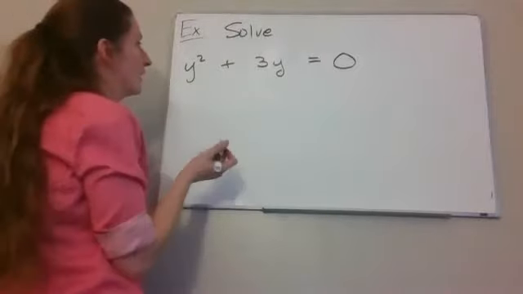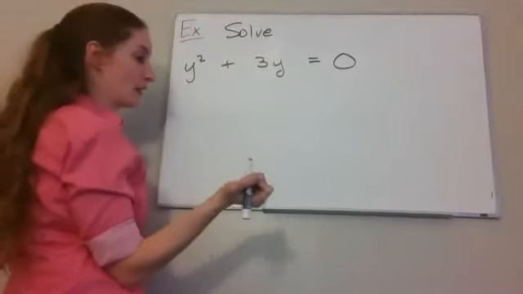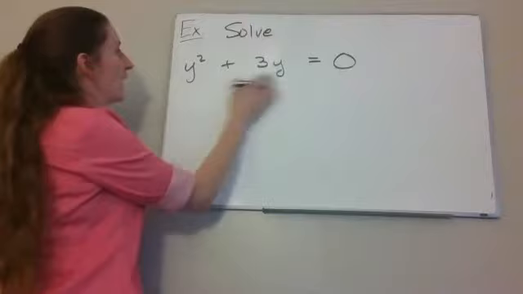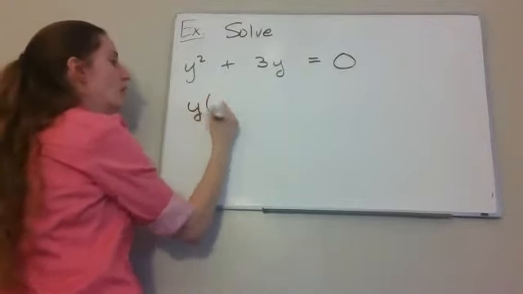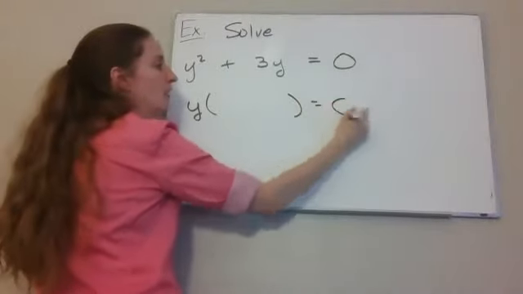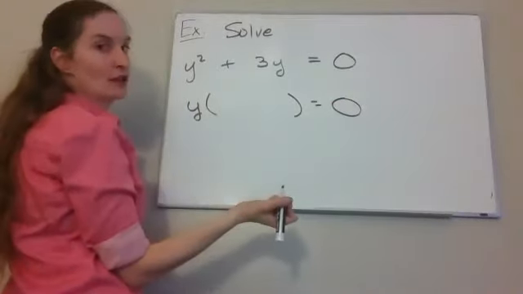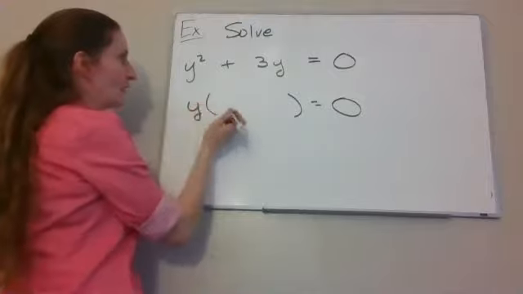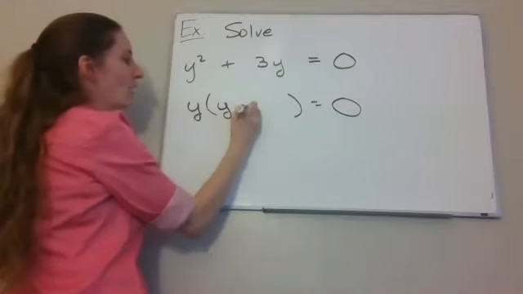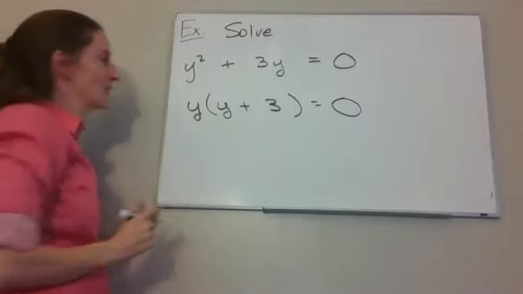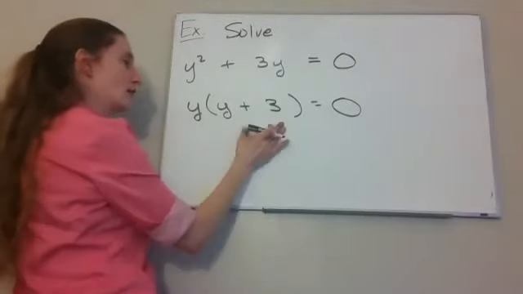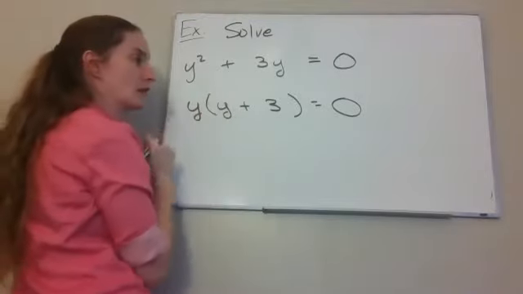So to solve this, I want to rewrite it so it looks like my zero product property. I notice I have a y in common with both of my terms, so I'm going to factor out a y. Now factoring is the opposite of distribution. So if I factor out that y, I should have a y plus 3 left behind in the parentheses. Now I have two things multiplying together and the product equals 0.